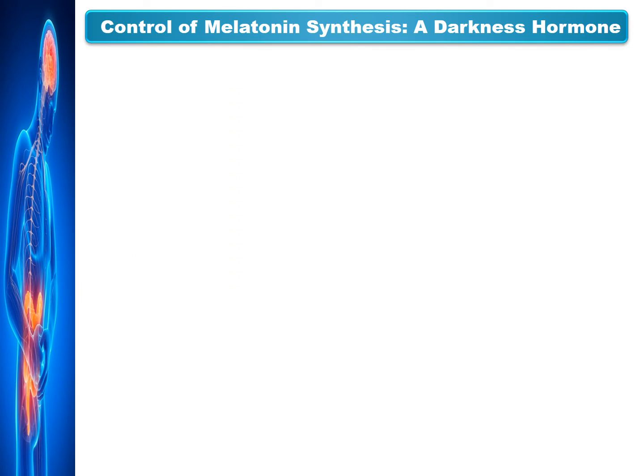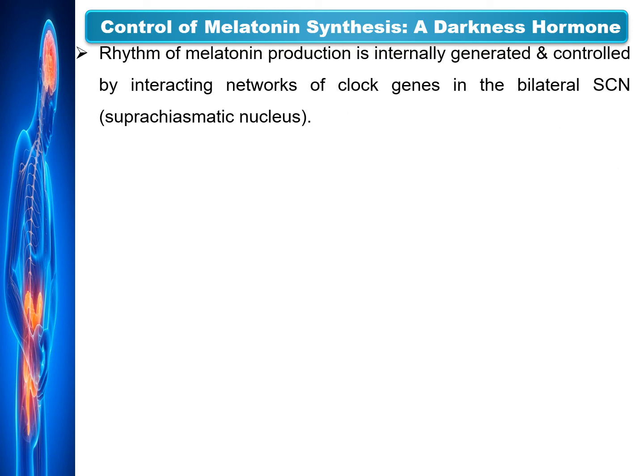Now, let us discuss some aspects of melatonin synthesis. The rhythm of melatonin production is internally generated and controlled by interacting networks of clock genes in the bilateral suprachiasmatic nucleus.